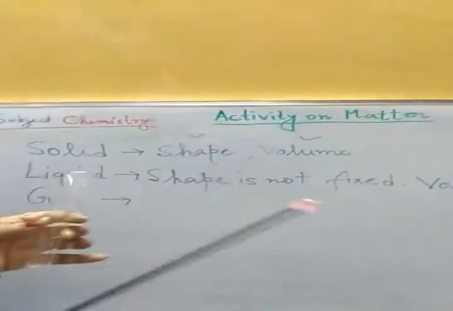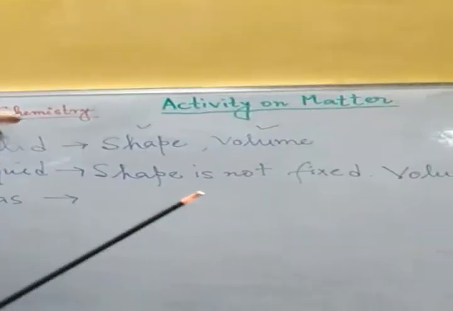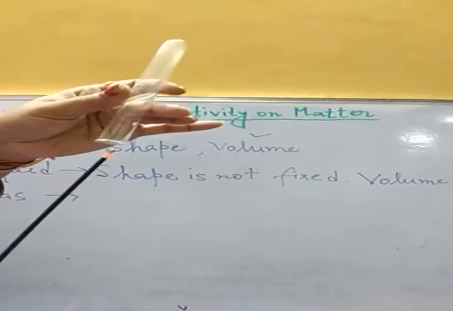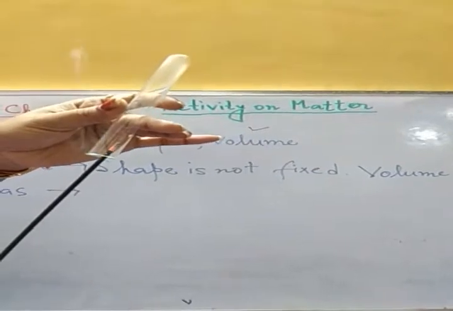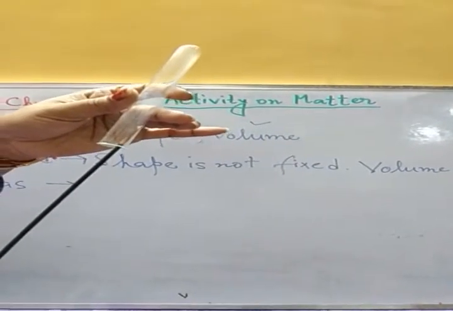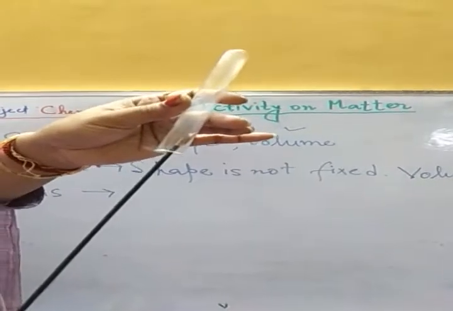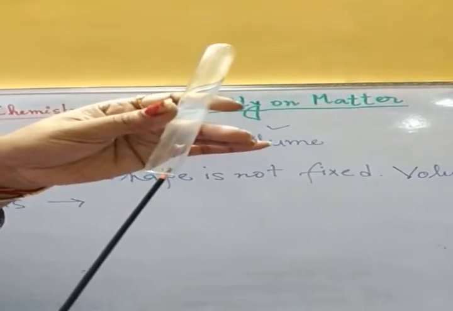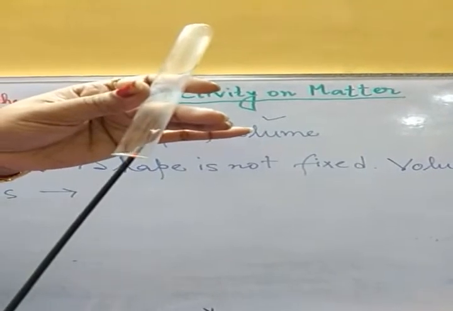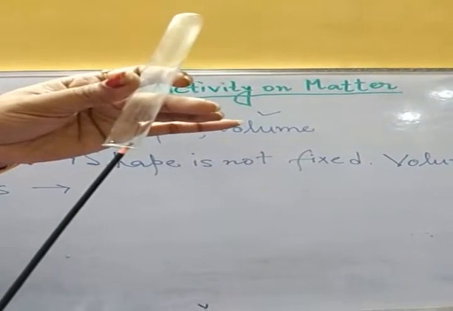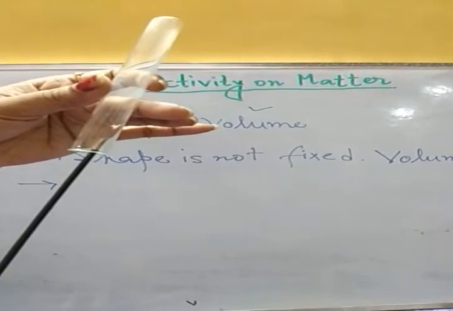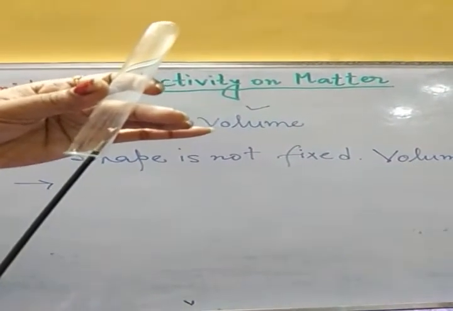Here I have one incense stick and a test tube. This is a test tube. Here I will be taking the fumes inside the test tube. Hope you can see that it has become hazy.